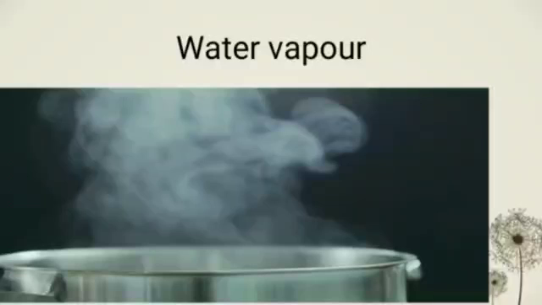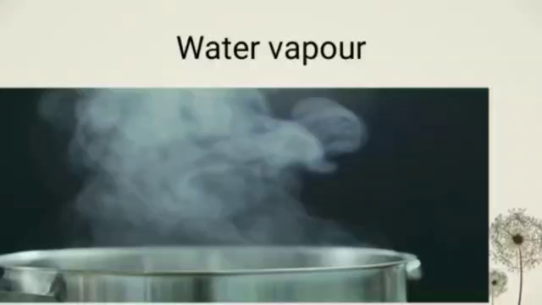Why does this happen? Because of the cool surface of the bottle. Whenever air comes in contact with the cool water bottle, the water vapor present in the air also comes in contact with it.